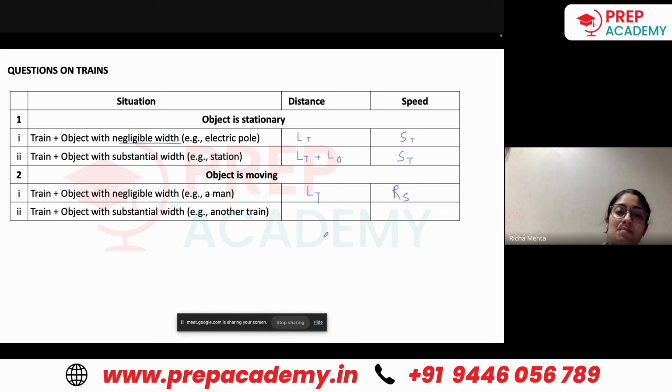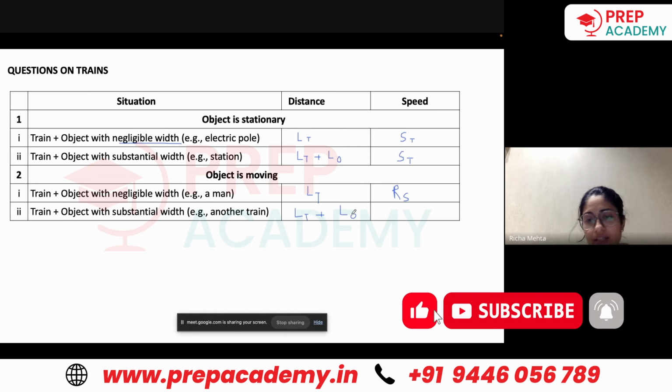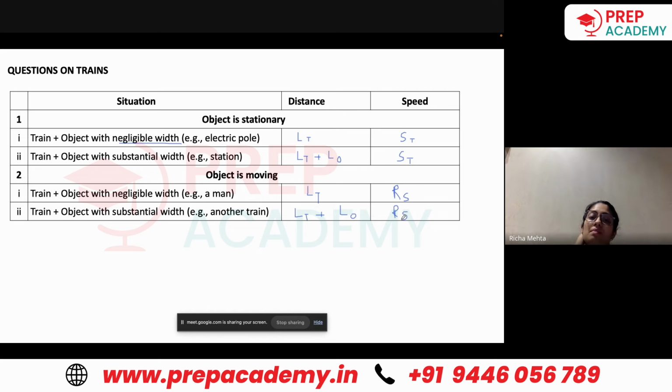Same case with an object of substantial width, like another train. In that case, again, I will have to take the length of the object plus the length of the train, and the speed will still be relative speed because both things are moving. So we'll stop the concepts here.